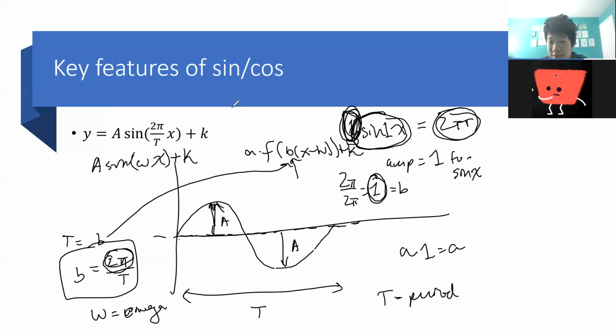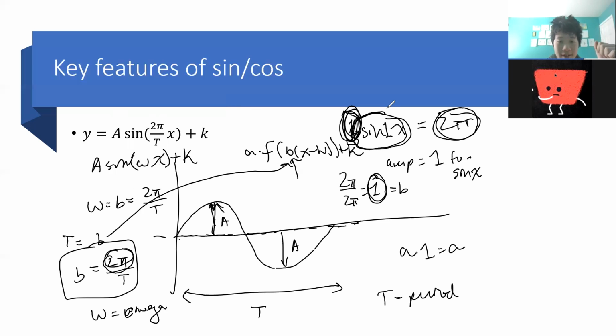It's just a replacement for b because we often use this. It's just a standard for our symbols. So omega is often a replacement for b. Omega is still equal to b, or 2 pi over T.